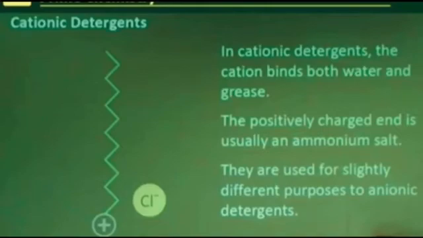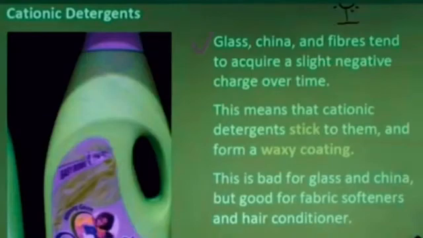because they're constructed differently. Glass, china, and fibers tend to acquire a slight negative charge over time, so that little staticky charge tends to accumulate on some fibers. This means that cationic detergents stick to them and form a waxy coating, which is sometimes good and sometimes bad.